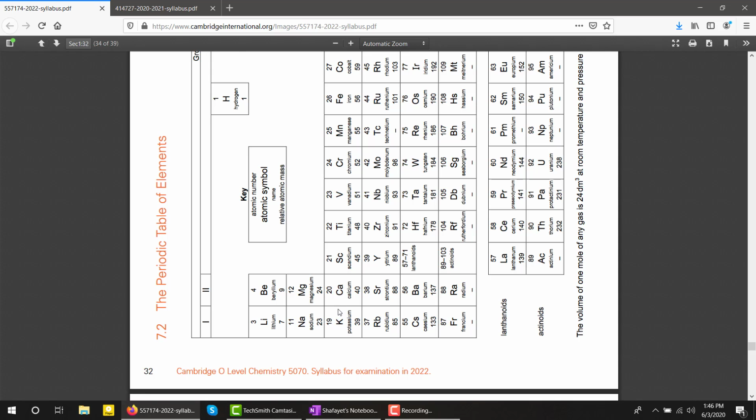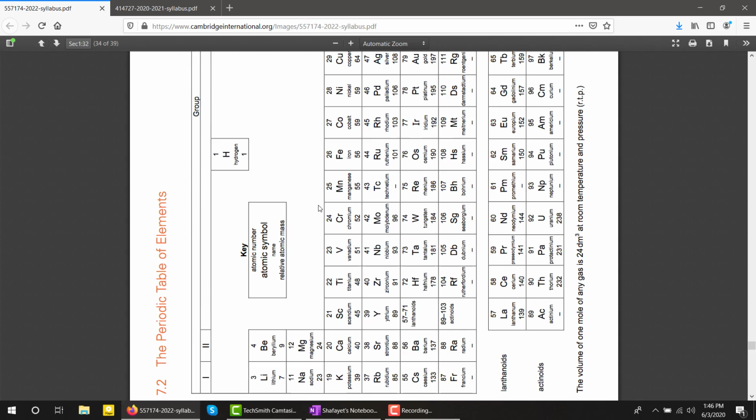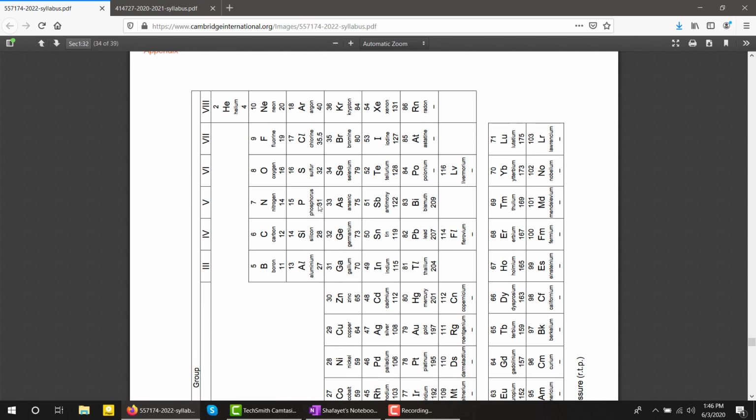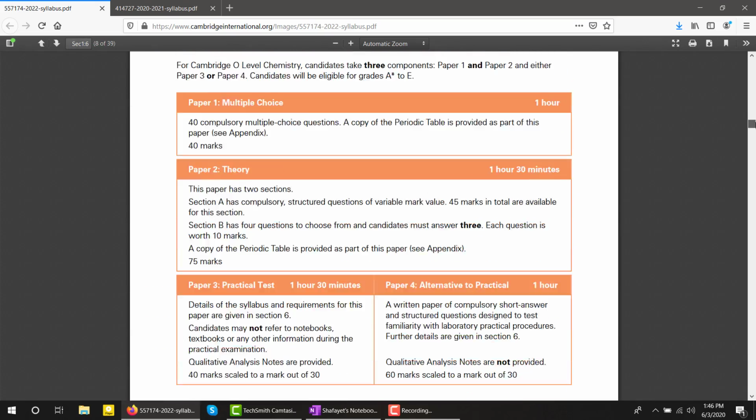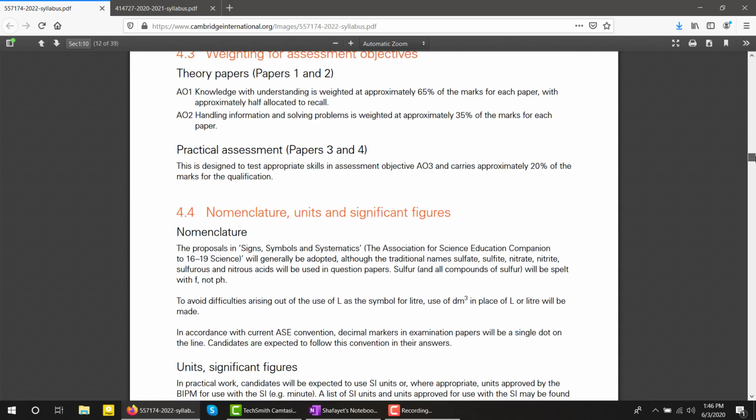So all that said, what is a relative atomic mass? As you understand, atoms are very small, so you can't really find their masses using traditional experimental methods.